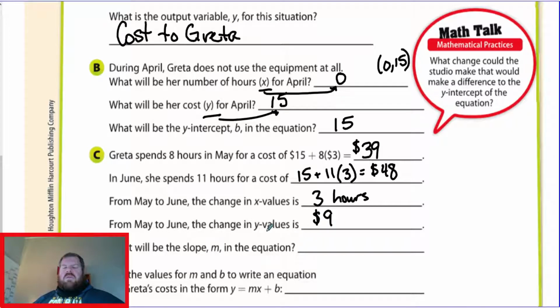So the slope is the change in y over the change in x, or $9 for every 3 hours. And 9 divided by 3 is $3 for 1 hour.